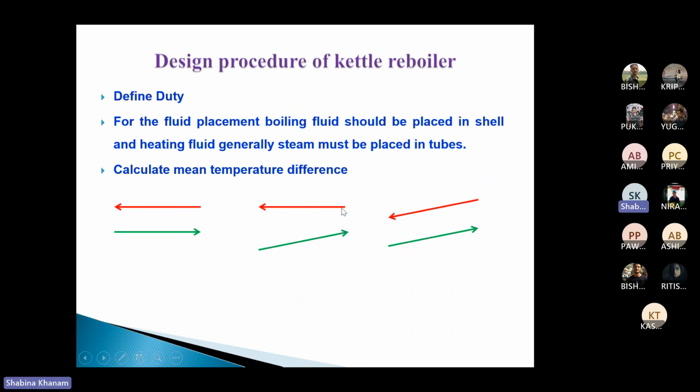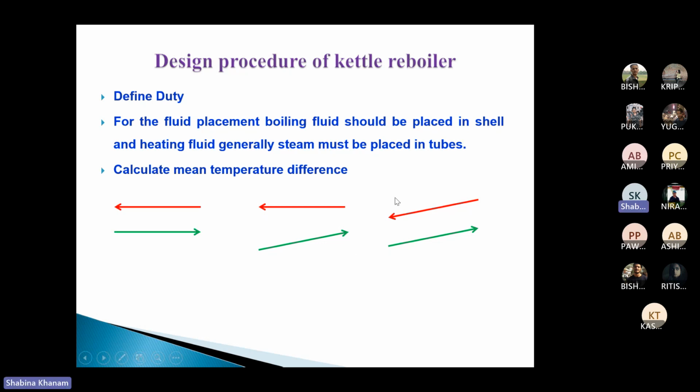Secondly, when I have steam as a heating media, and the liquid we need to vaporize contains different components, because each component has a different boiling point, the vapor formation will occur at different temperatures. So you may observe variation in the shell side. Tube side will be the same. So if this is the case, you need to consider LMTD.